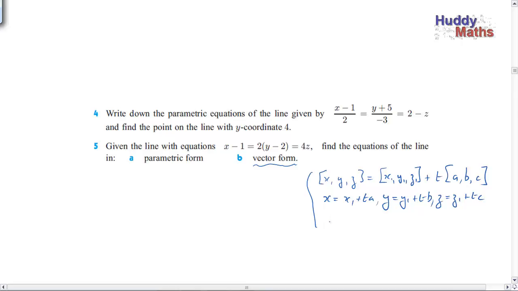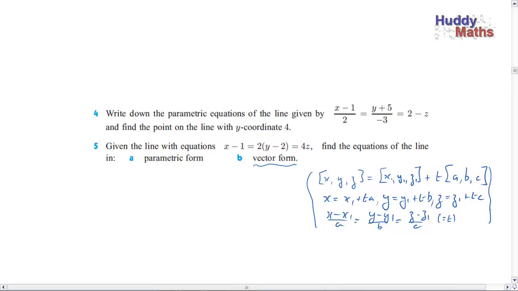And then we have the Cartesian form: x take x1 on a equals y take y1 on b equals z take z1 on c, and they're all equal to t. We don't write that in. So the equation of a line in 3D takes three forms, and you should be able to work backwards and forwards through those. That's what these questions are about.